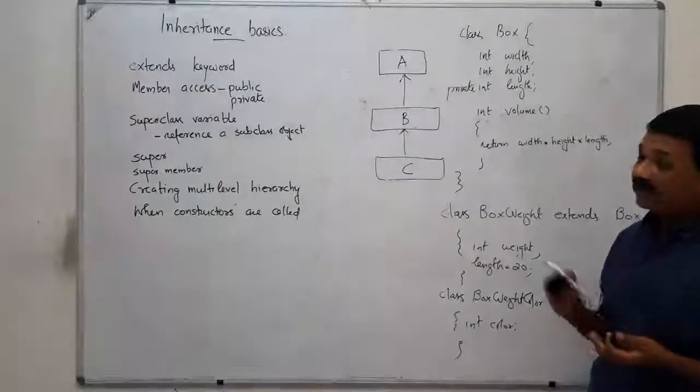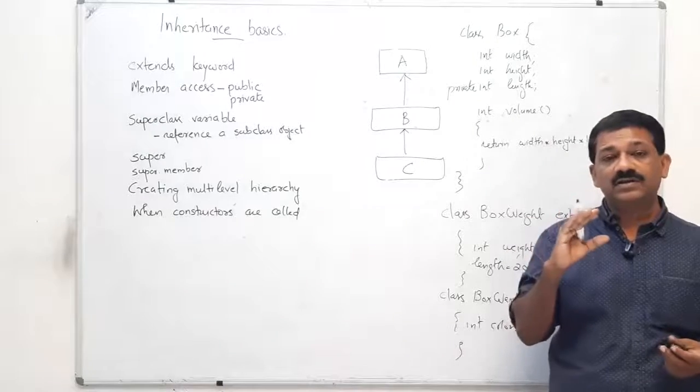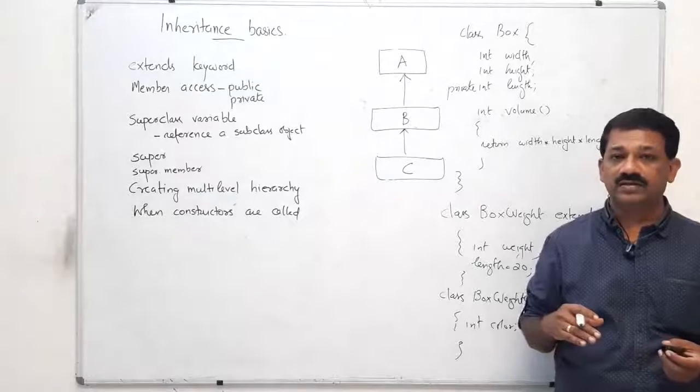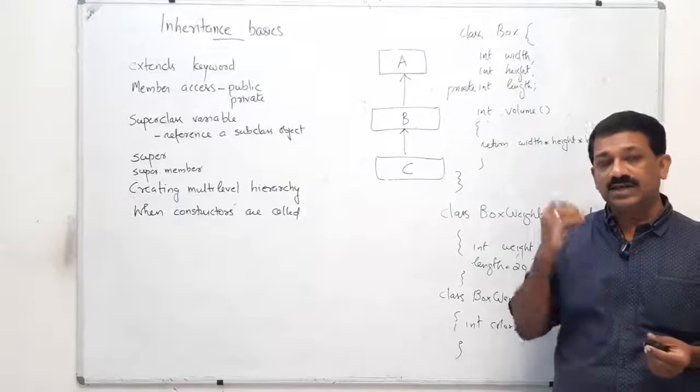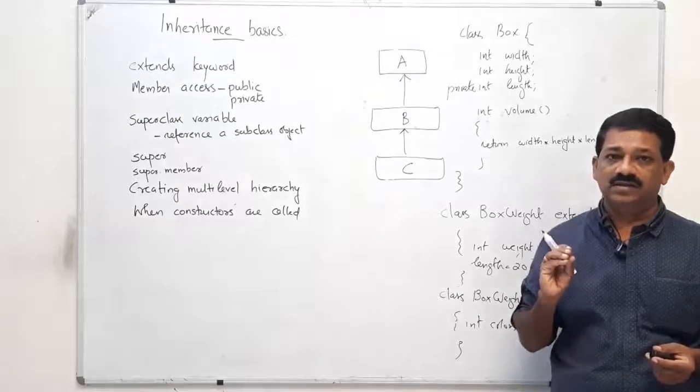Private methods can also be there. If you have a private method, private methods are also not inherited. That means a subclass cannot access private variables and private methods.